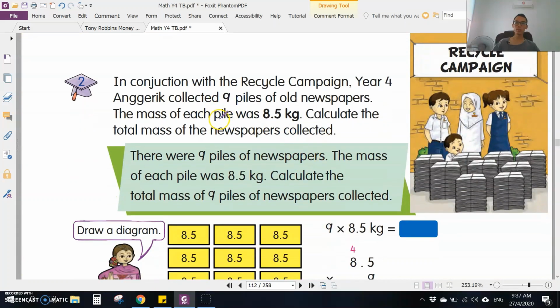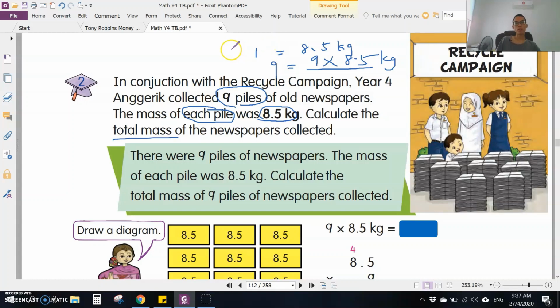Question 2. Year 4 Angrid collected 9 piles of old newspaper. Each pile is 8.5 kg. So one pile is 8.5 kg and they collected 9 piles. So calculate the total mass. So 9 times 8.5 kg.